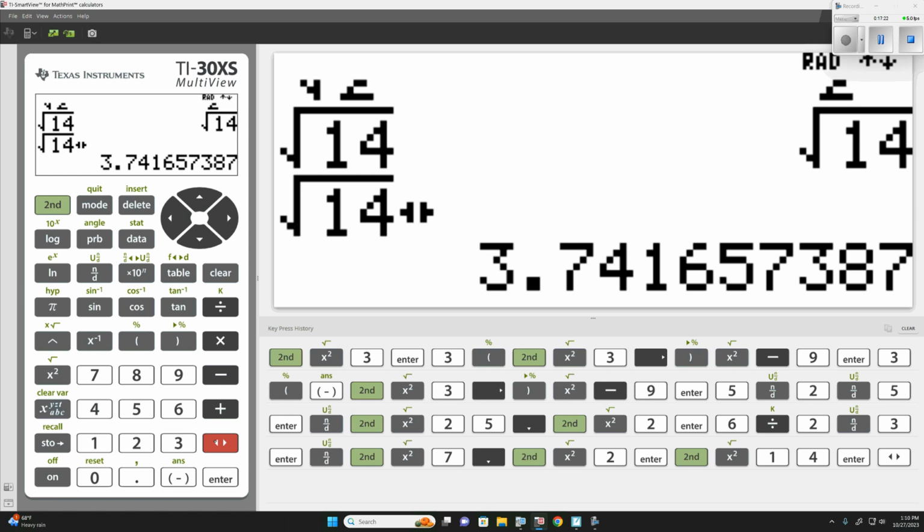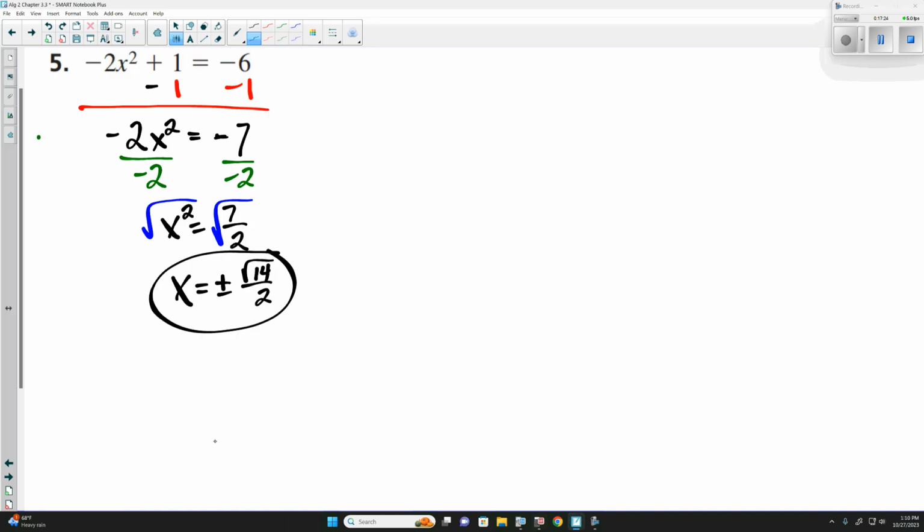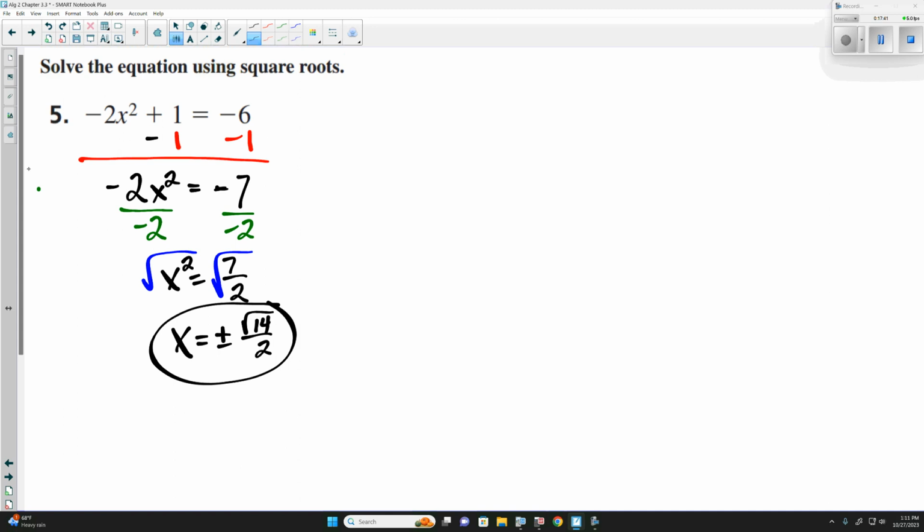It's a non-repeating, non-terminating decimal. So we can't get the full number. We leave it as square root of 14 over 2 because that's a nicer version than the 3 point going on and on. But that's the answer.